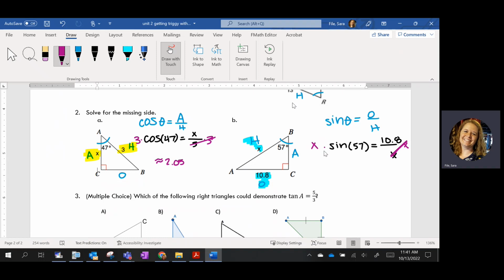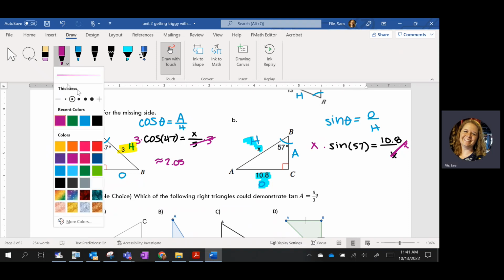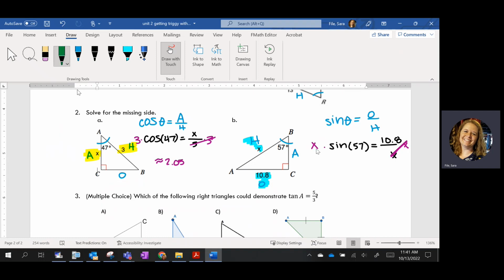So I've got x times sine of 57 equals 10.8. But how can I get rid of this times sine of 57? I want to solve for x. I want x all by itself. You're going to divide, because that's x times sine. So we're going to divide out the sine function. And this would be the same if it was cosine or tangent.